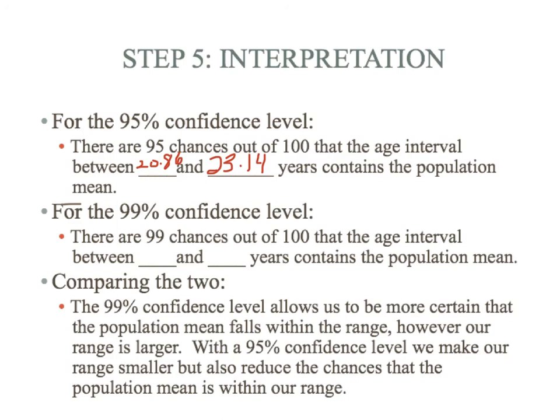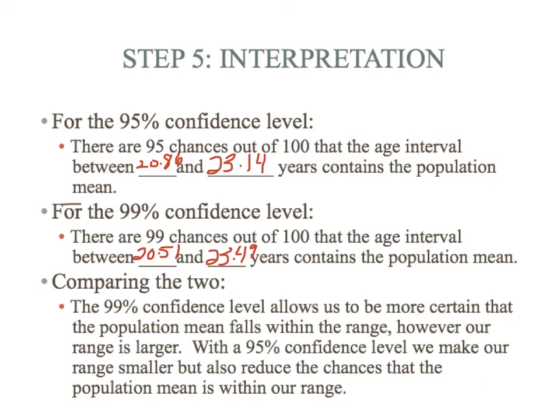So I'm taking that lower bound and upper bound from the confidence interval and just plugging those in. And then for the 99% level, we're going to say there are 99 chances out of 100 that the age interval between 20.51 and 23.49 years contains the population mean.